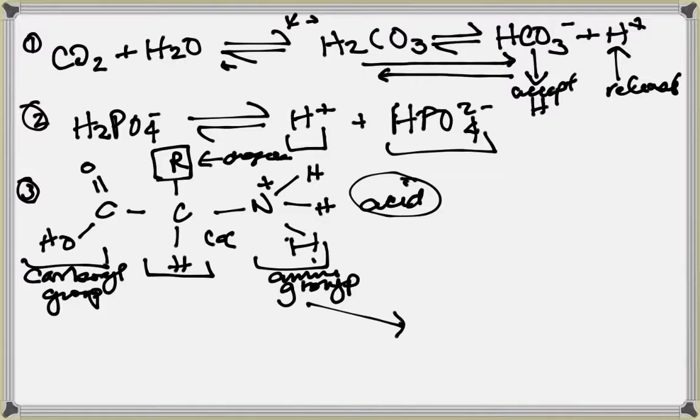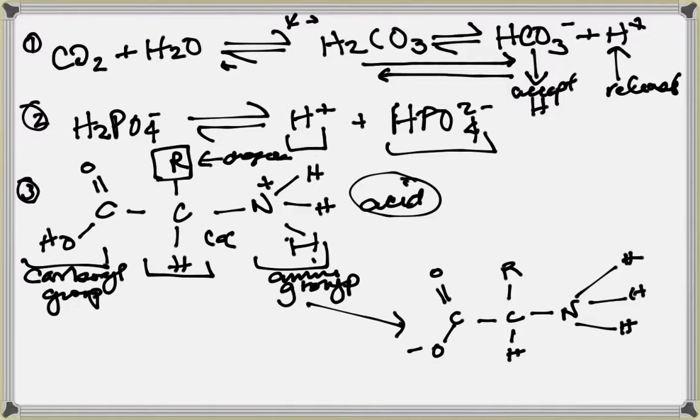And then basically what can happen is that in the blood or in your body, it can go to this, and you can see over here you have this negative part, and this essentially is the neutral form, right?